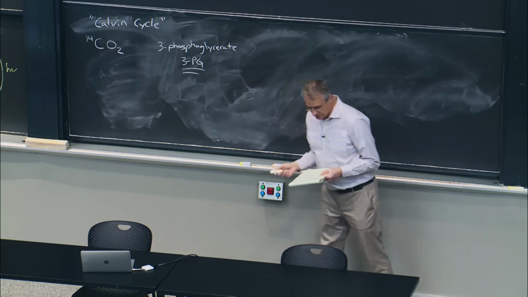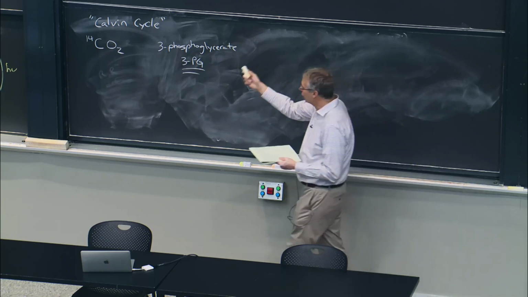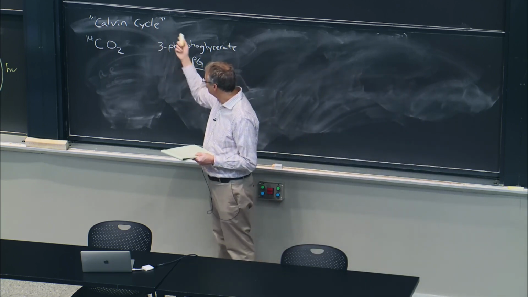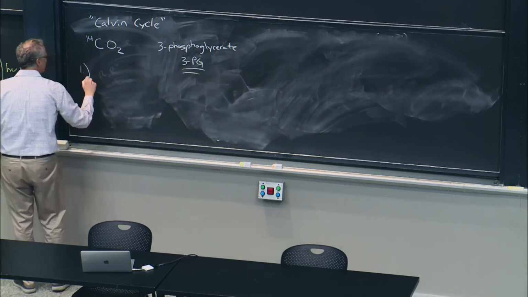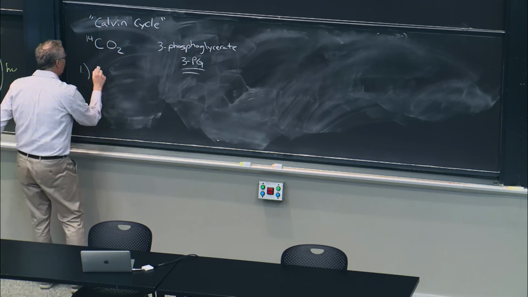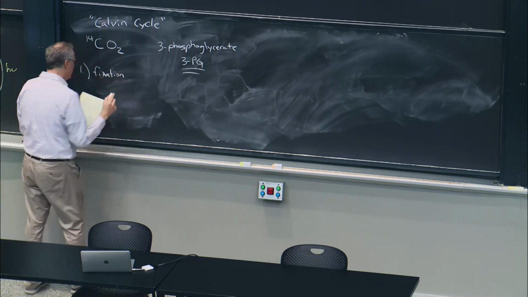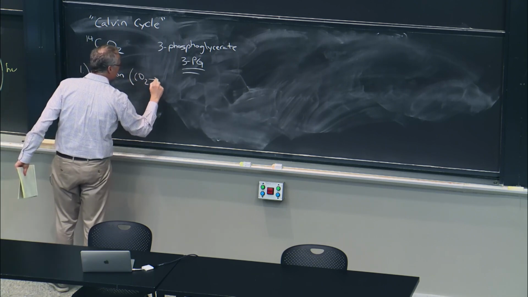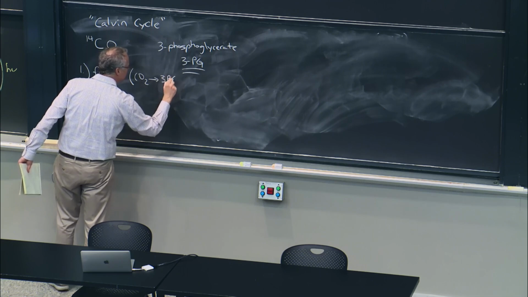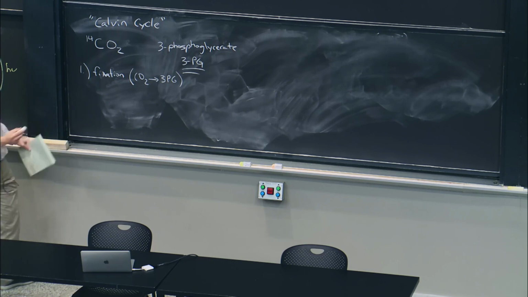All right, turns out that the way this happens in total is the so-called Calvin cycle really happens in 3 phases, all right? So the first phase is called fixation. And so what is fixation? That's basically Calvin's experiment. It's using CO2 to generate 3-phosphoglycerate, all right?